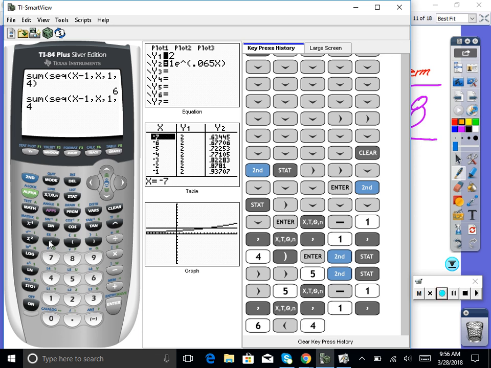Then close your parentheses, and your calculator will do the same thing everybody else's is doing now. The sum of that sequence is 6. So that was 14. So you just have to kind of do it the good old long way.